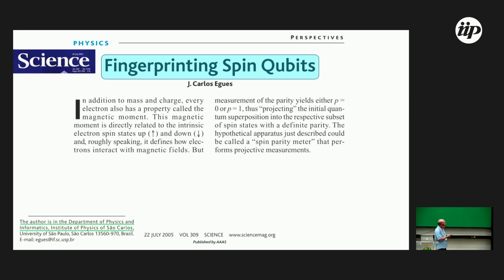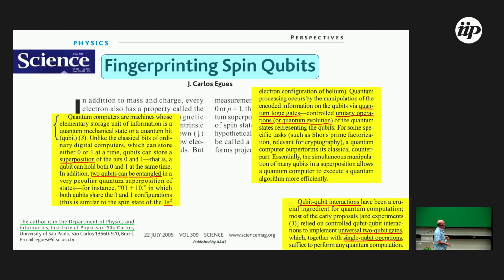So, of course, when I gave this talk, I was talking to graduate students, people that didn't have any idea about quantum computing. So many years ago, I wrote this perspective, and as an introduction to what quantum computing is, I think it still has the right words in some of the text.